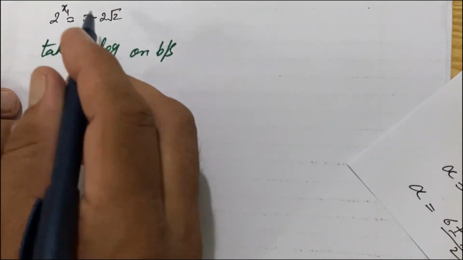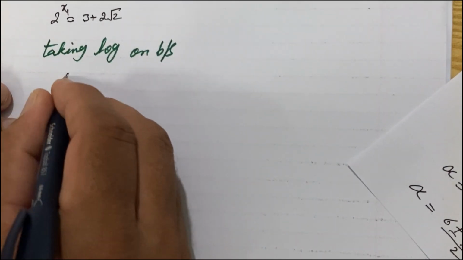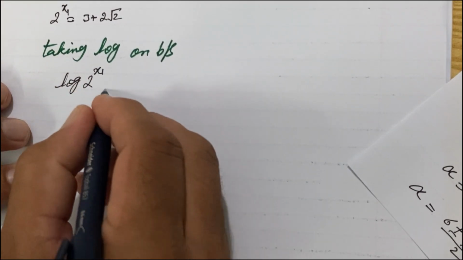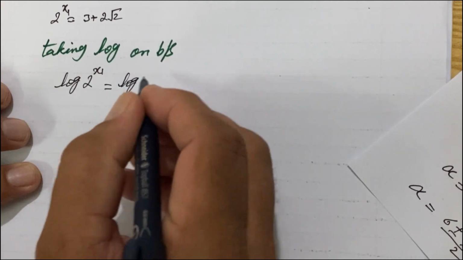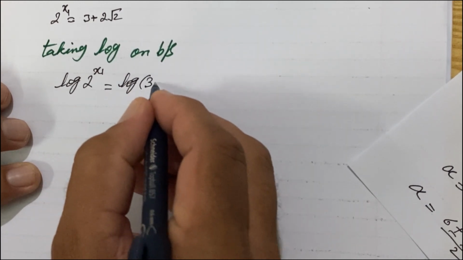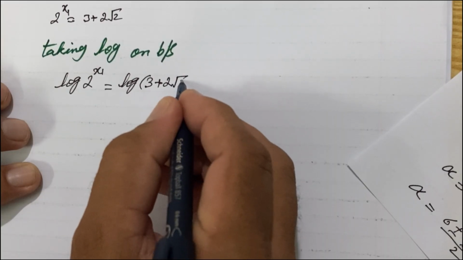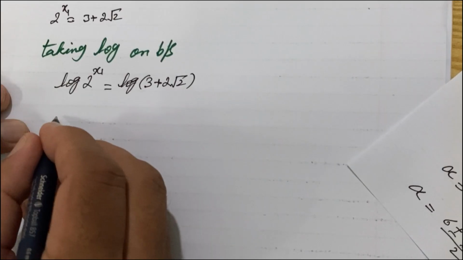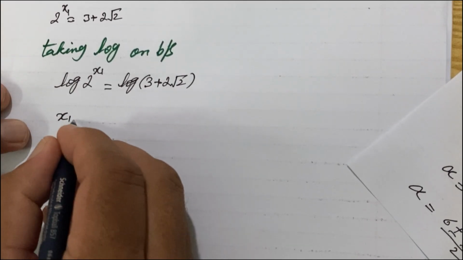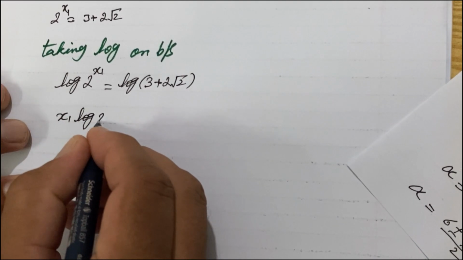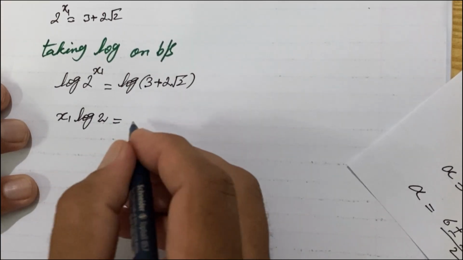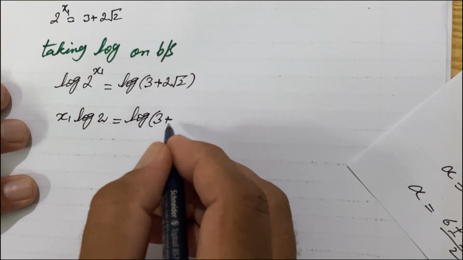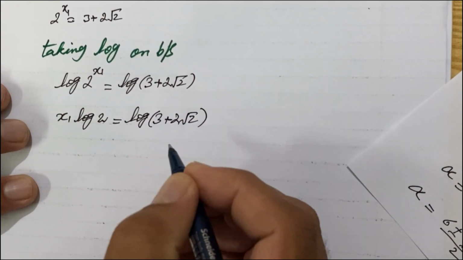Then log 2 raised to the power x1 is equal to log of 3 plus 2 root 2. x1 log 2 is equal to log of 3 plus 2 root 2.